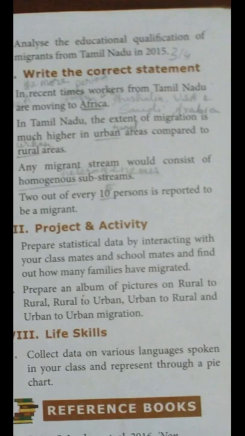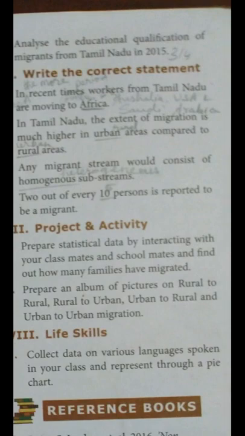Once again, I am reading that answer. In the more recent, cut that word times and write period. Workers from Tamil Nadu, cut the word are and write have been. Moving to, instead of Africa, you want to write countries like Australia, USA and Saudi Arabia.